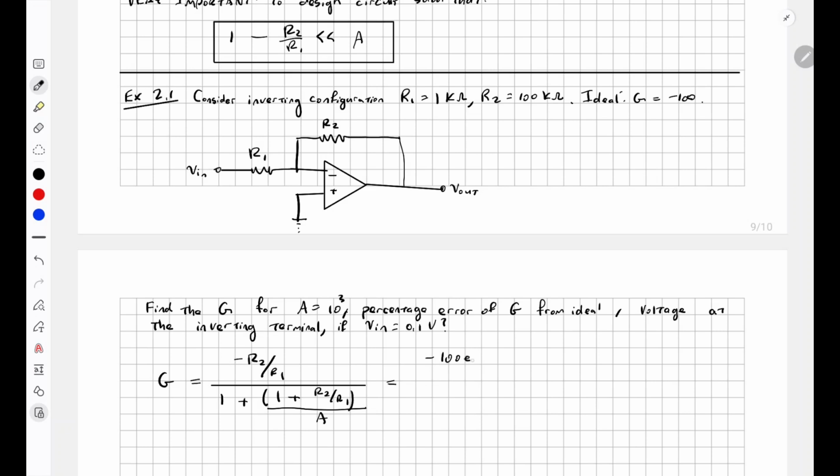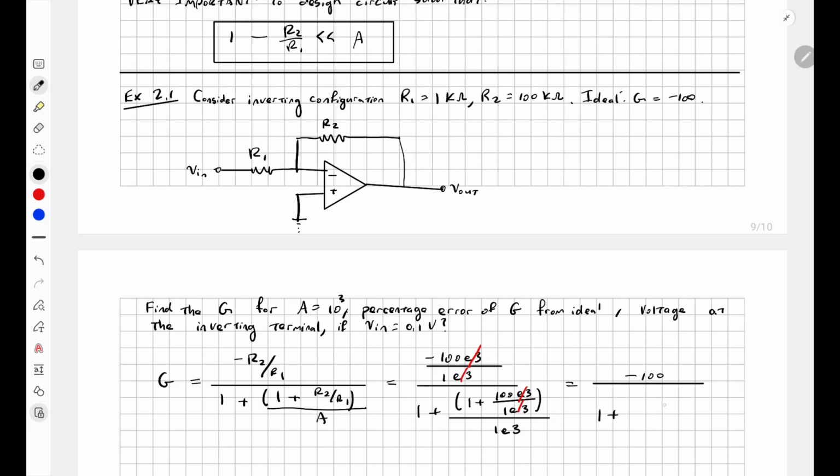R2 is 100 kilo ohms, R1 is 1 kilo ohms, and the denominator is 1 plus R2 divided by R1, everything divided by A, and we're told that A is 10 to the 3. Let's solve for this. The 10 to the third cancels, and we are left with negative 100 in the numerator.